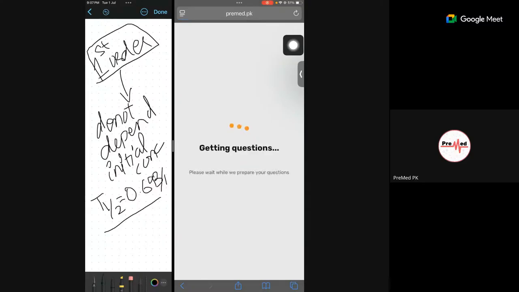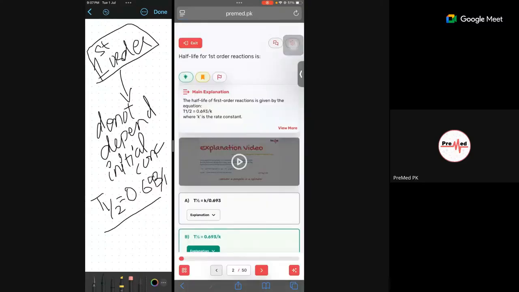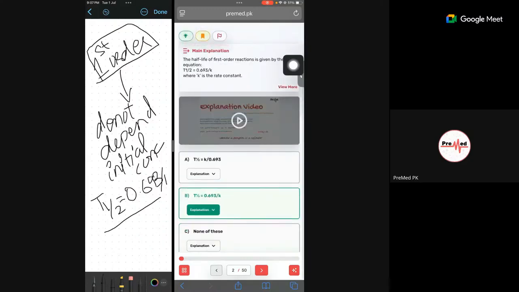Next MCQ: which of the following is a factor affecting the rate of reaction?